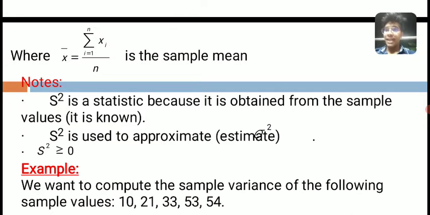S square is a statistic because it is obtained from the sample values, and S square is used to estimate the population variance. S square is greater than or equal to 0.